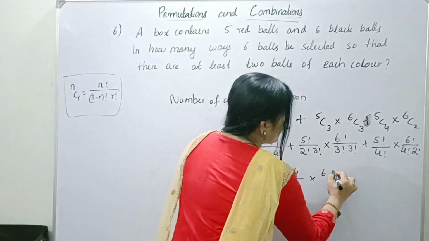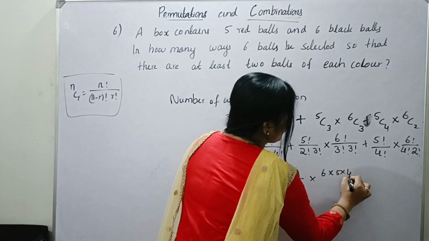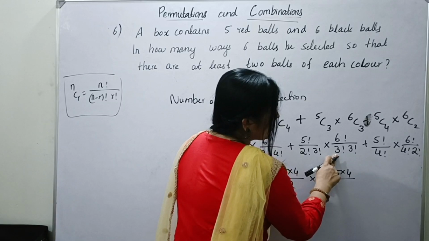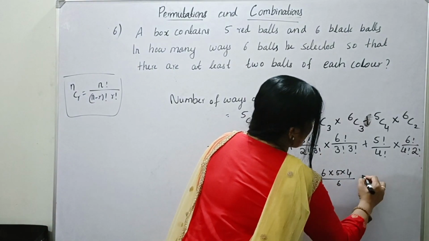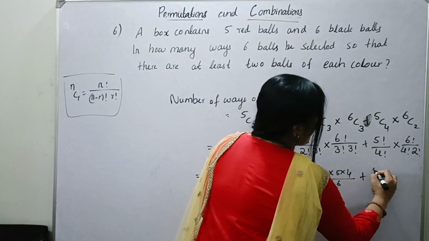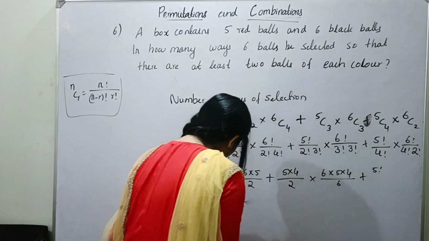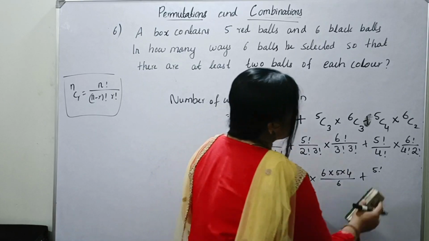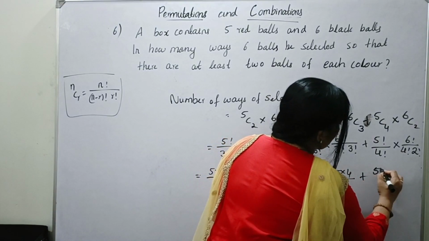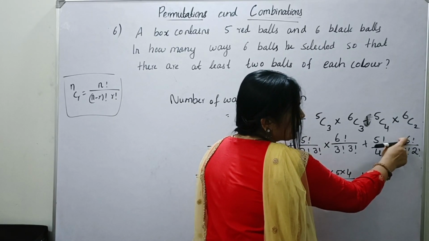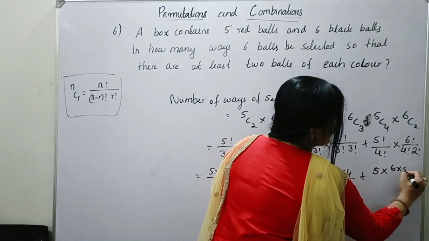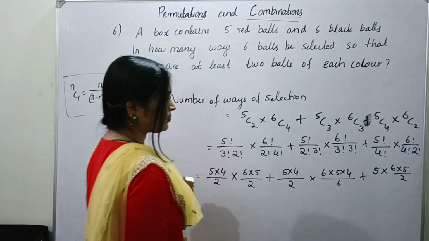So remaining here 6 into 5 into 4 divided by 3 factorial, which is 3 into 2 into 1, that is 6. Plus here 5 factorial, we can cancel 4 factorial. So remaining 5 into 6 factorial, 4 factorial cancelled. So numerator 6 into 5 divided by 2.